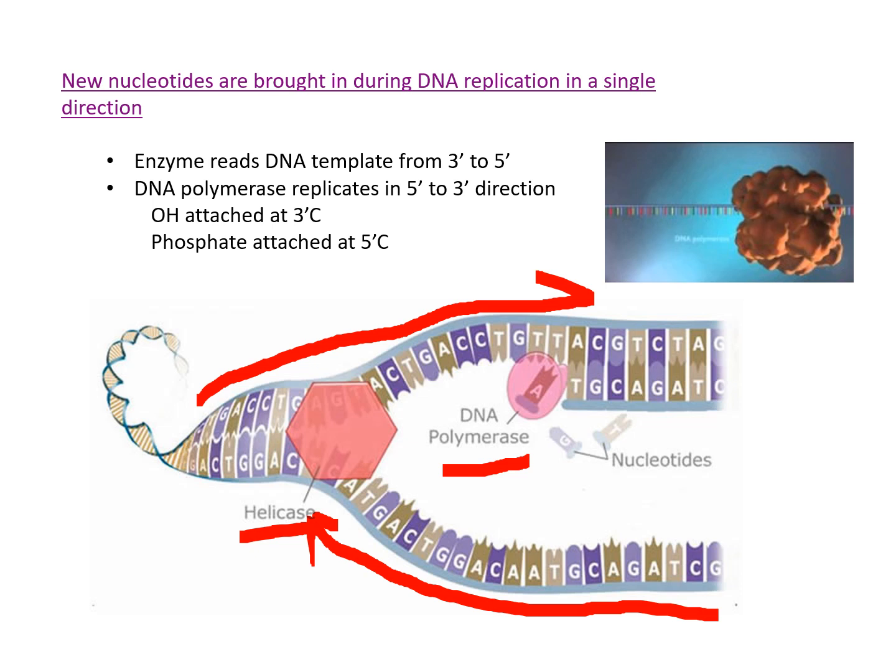It says the enzyme reads the DNA template from a 3' to 5' direction, and then it replicates in a 5' to 3' direction. It means that it's reading and breaking in one particular direction, but then it's got to feed off of another when it starts adding nucleotides. But we're not going to worry about that.